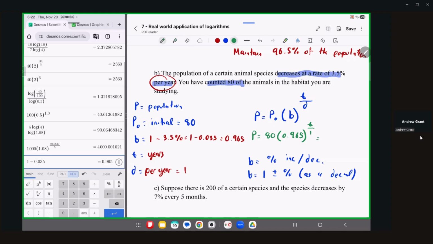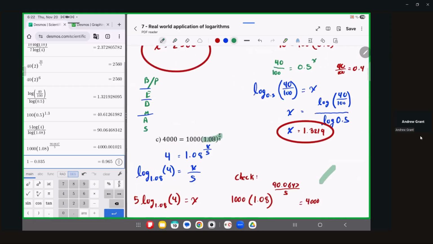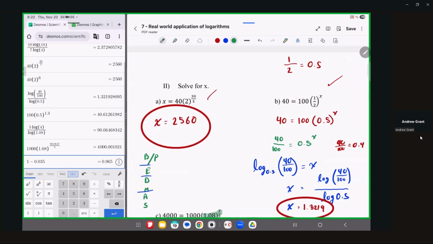But T over 1 looks like a little bit strange. So instead, we could write this as 80 times 0.965 to the power of just T. And if you notice, this kind of equation was one of the ones we started with at the start. In letter B here, where we had 40 is equal to 100 times 1/2 to the power of x.